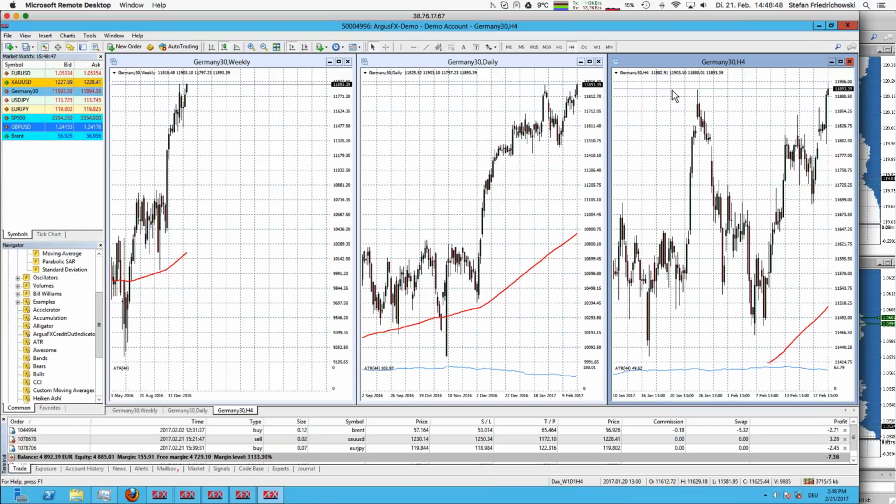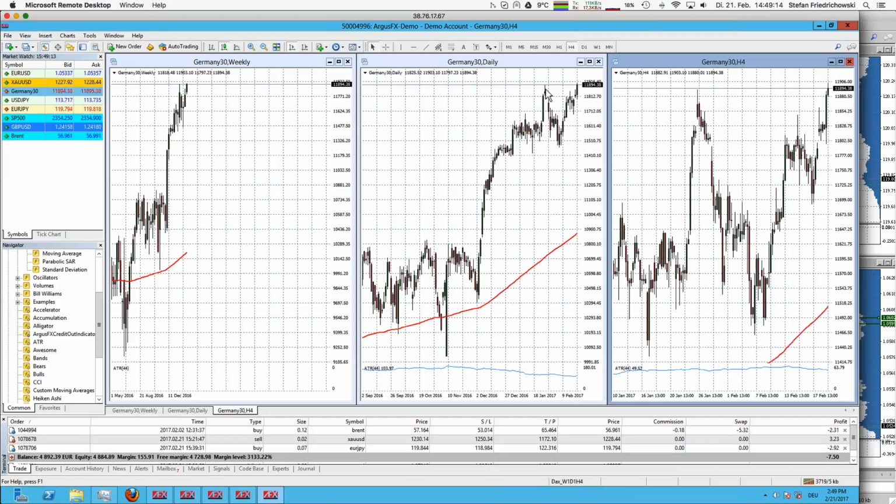So now we can think about that. We had a top here at the beginning of January, and now 1.5 months later we are at the same price tag.